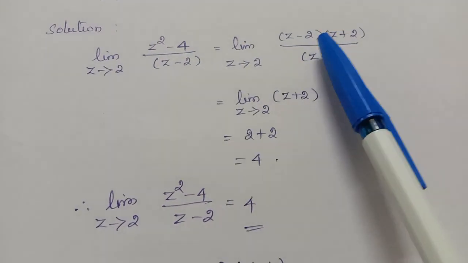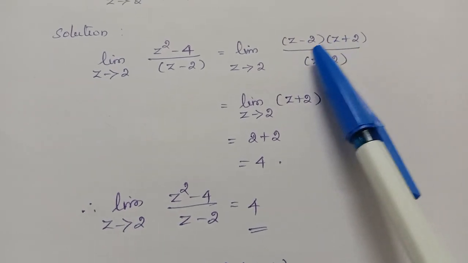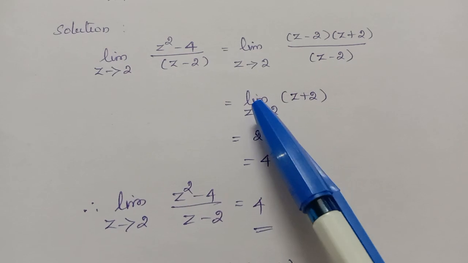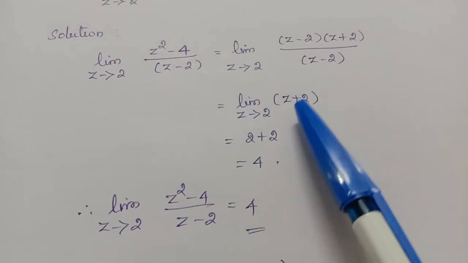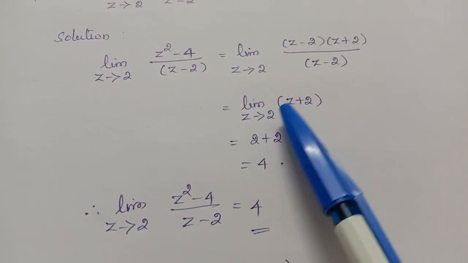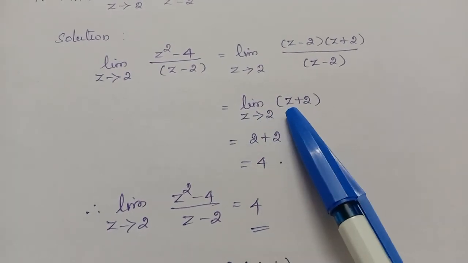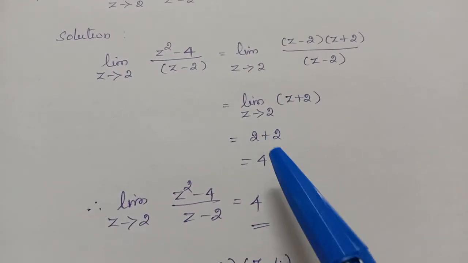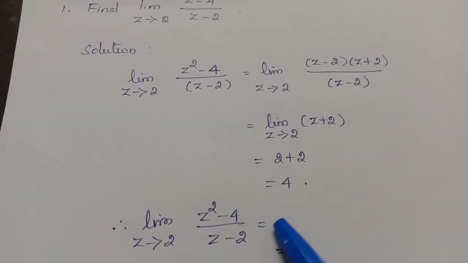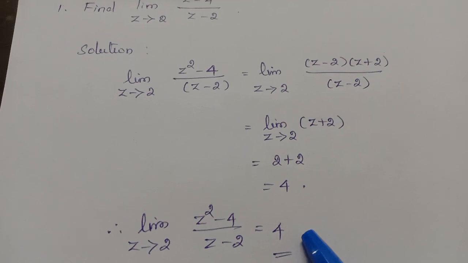That we can rewrite as a minus b into a plus b. So this z minus 2 term gets cancelled. So finally what I am having is limit z tends to 2, z plus 2. Now there is no problem. I can directly substitute the limit. So substitute z equal to 2. So 2 plus 2 equal to 4. So what is the value of the limit? Equal to 4.